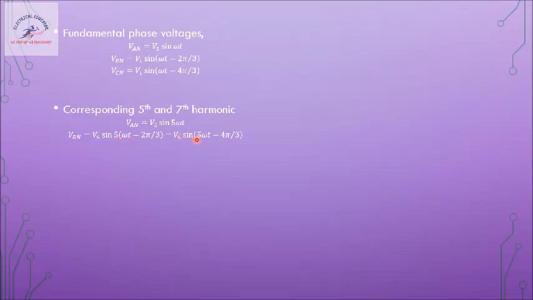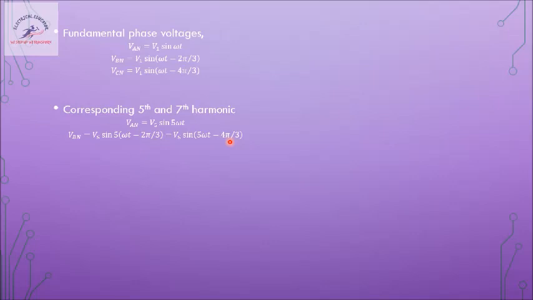Now when we open the brackets, we get 5 omega t and 5 into minus 2 pi by 3. So 5 into minus 2 pi by 3 should be minus 10 pi by 3, but here we have got minus 4 pi by 3. So how is that possible? That we have to see.